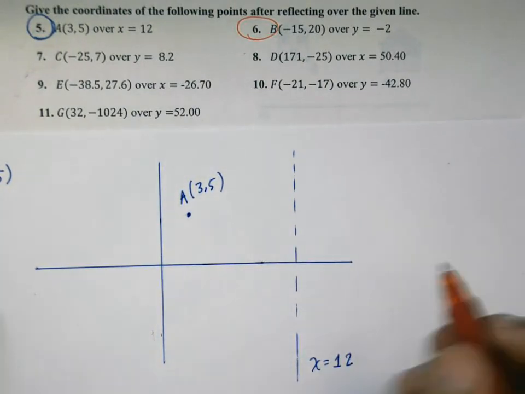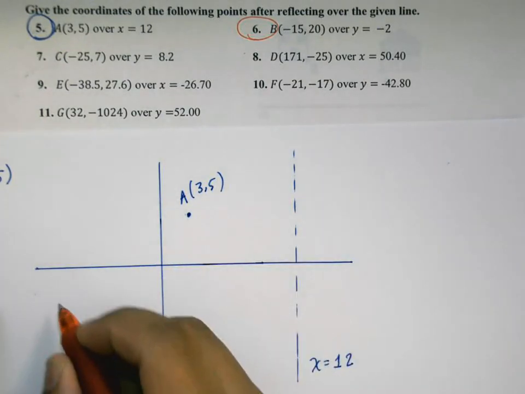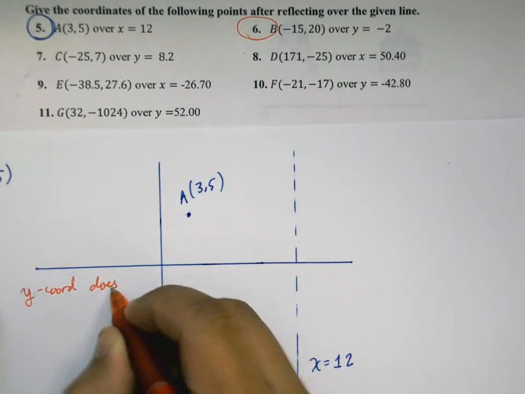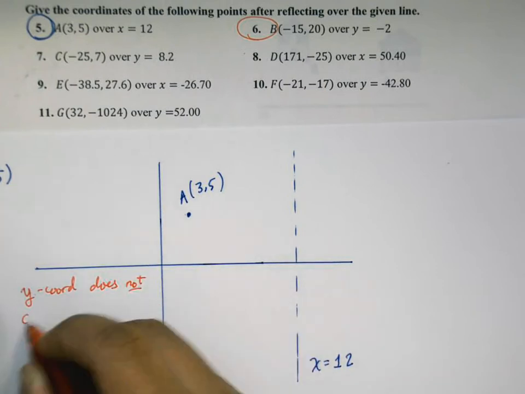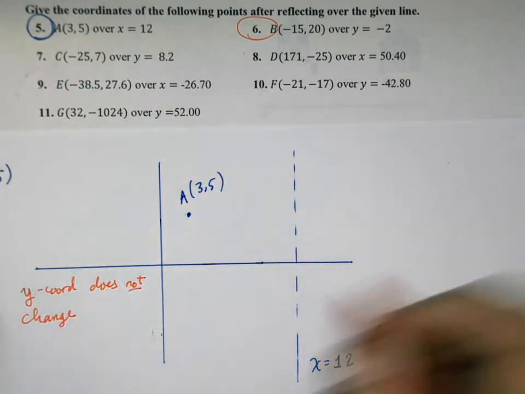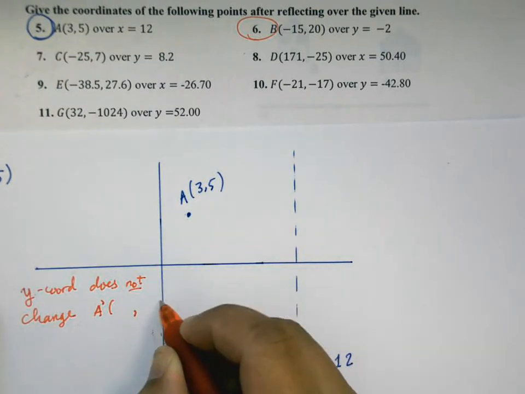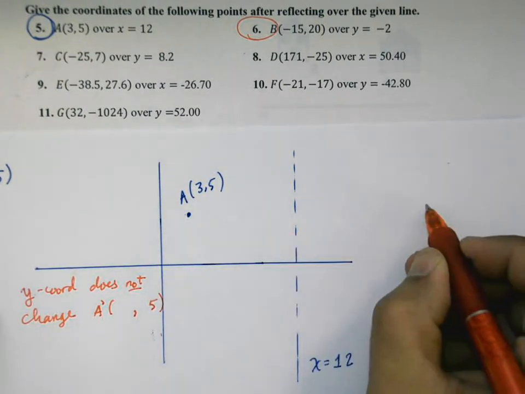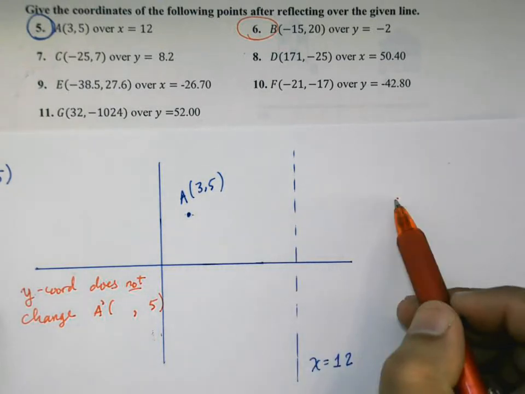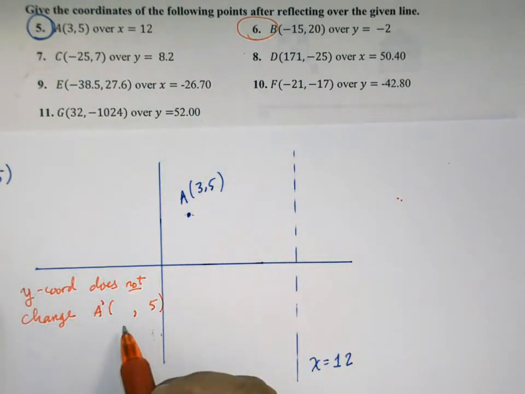So you can see that one thing is that the y coordinate does not change. So A prime is just going to be something, 5, because we're flipping it over. So it's going to be somewhere over here, essentially moving along a horizontal path to the other side. And we just have to figure out what x is.